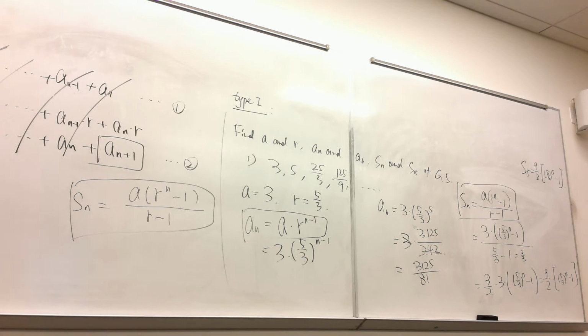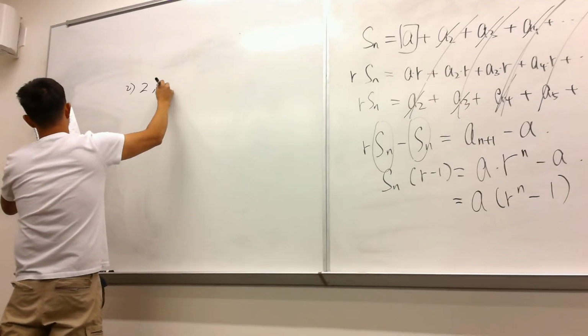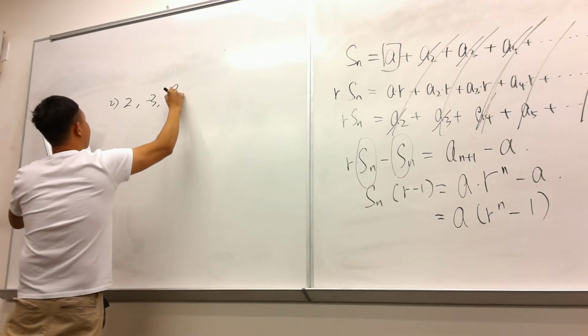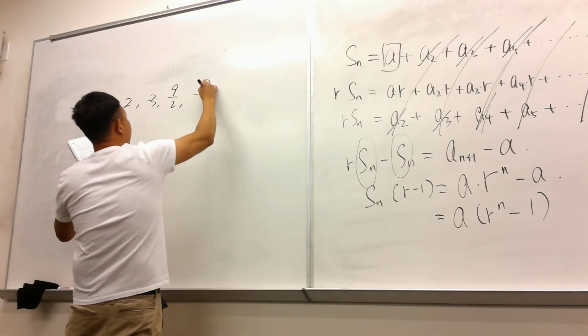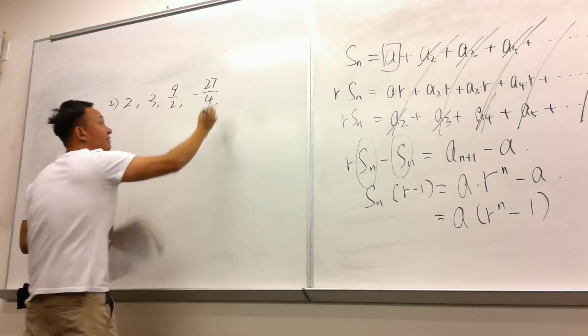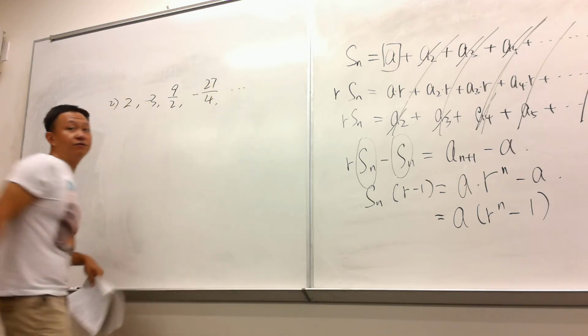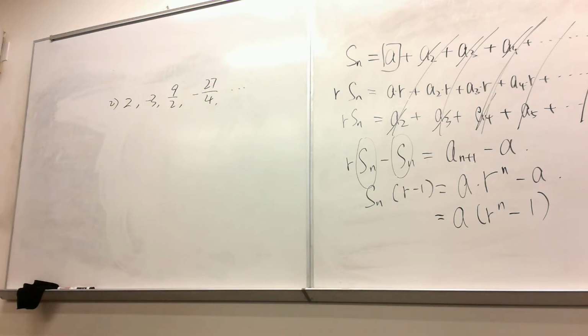Let's say we have the following sequence: 2, negative 3, 9 over 2, negative 27 over 4. Okay, so let's answer the same type of question.